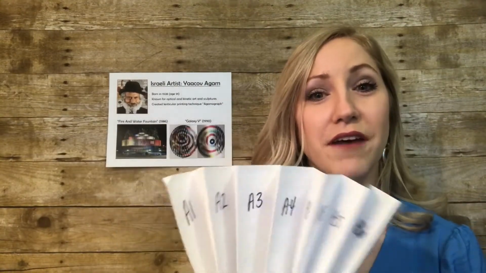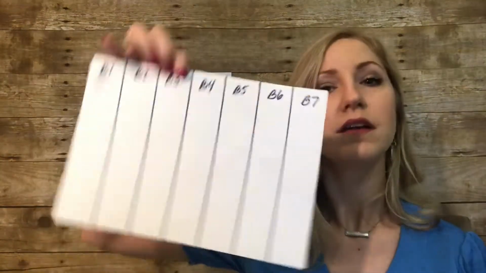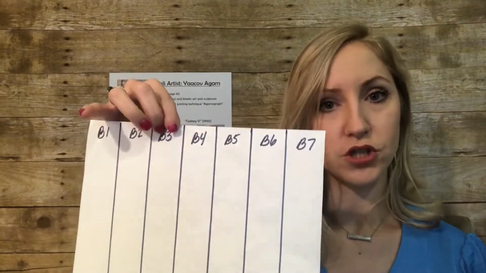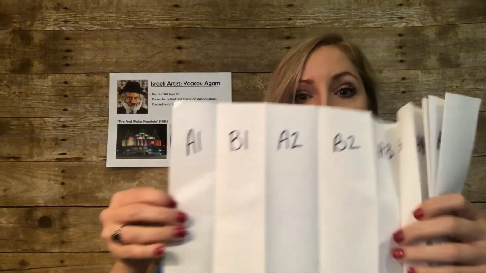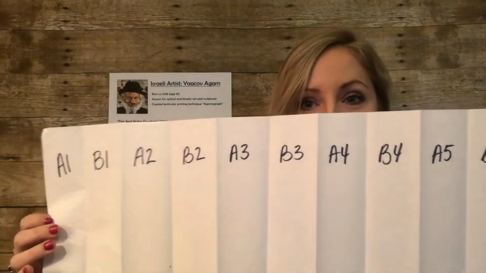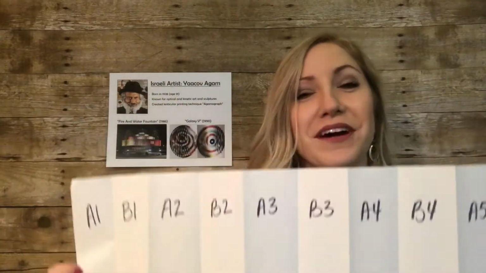Once students have created a fan on a separate, larger sheet of paper, and FYI, this is very important, this is a normal sheet of paper. This is double the width because we're going to end up laying A1, B1, A2, B2, and so on and so forth.